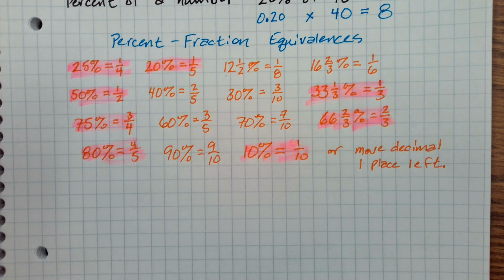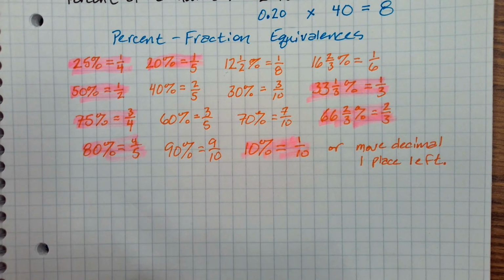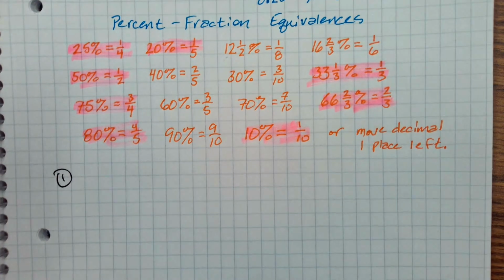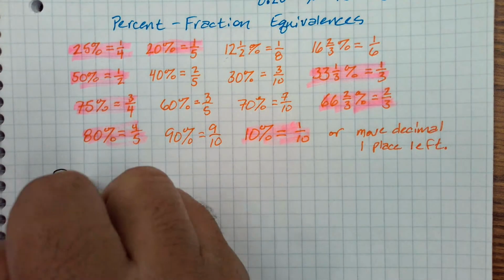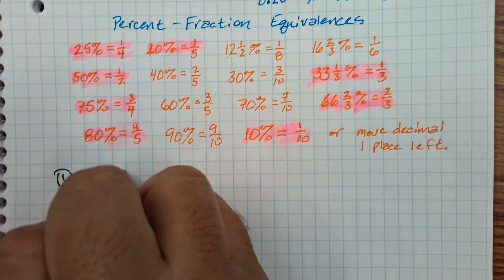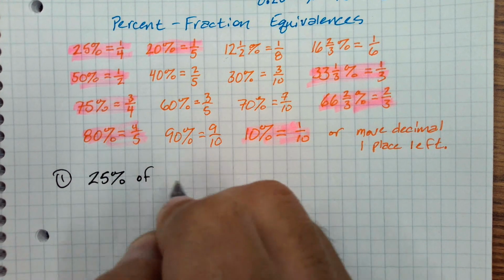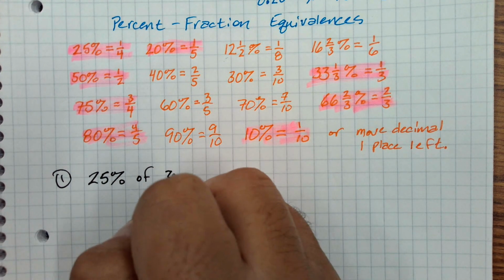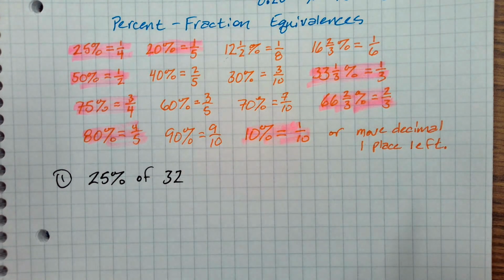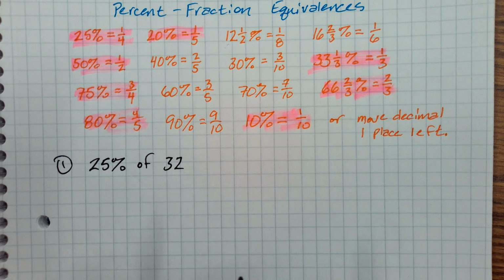So let's kind of use these a little bit. Let's try to find a few of these mentally. 25%, and don't just yell out an answer. I want you to think for a minute. 25% of 32. Don't yell out an answer.